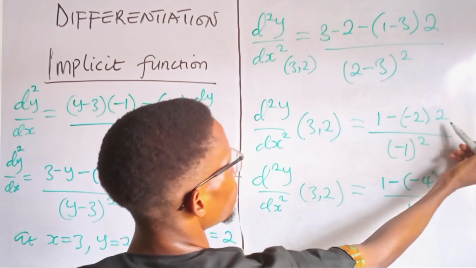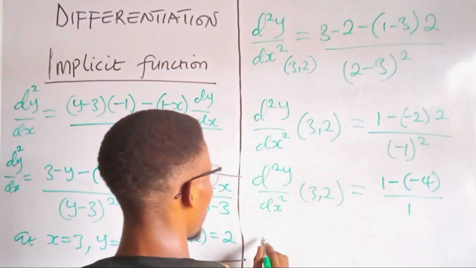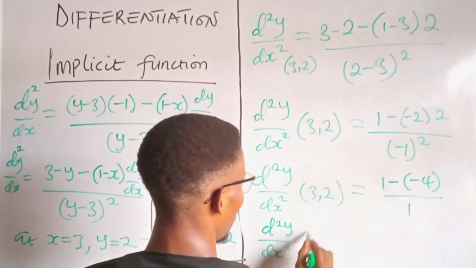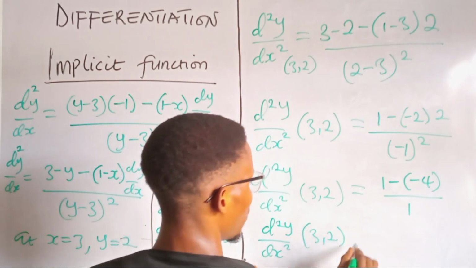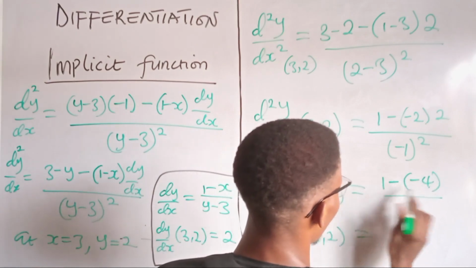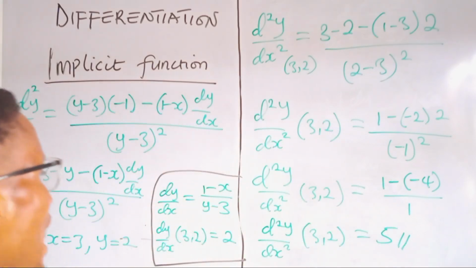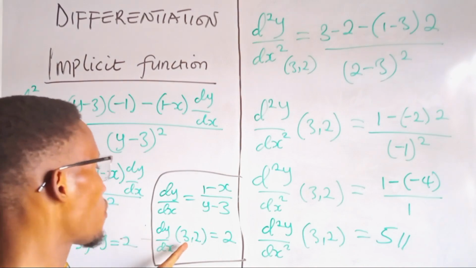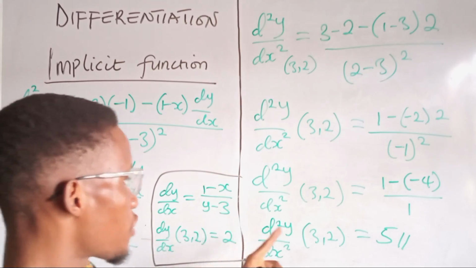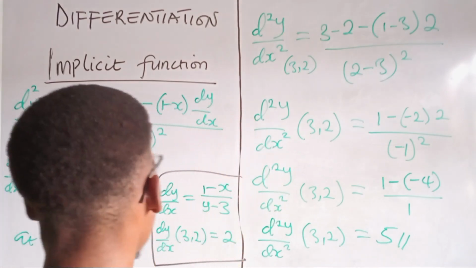Then there is a minus sign here, so minus multiplied by minus is plus, and this gives us 5. So at x equals 3 and y equals 2, for the first derivative we got 2, and for the second derivative we got 5.